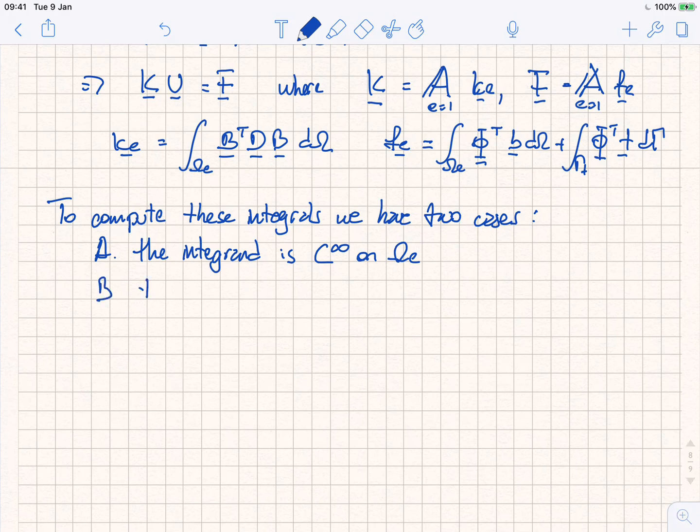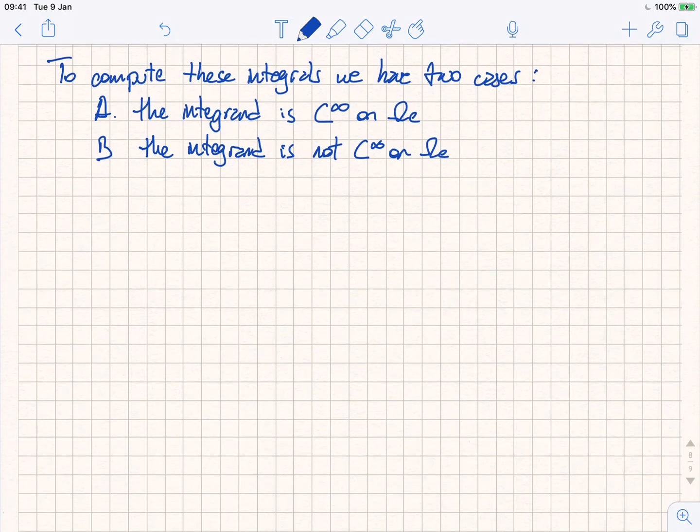Case B, well, the integrand is not C infinity. Yeah. So those are the two cases. So let's start with case A.